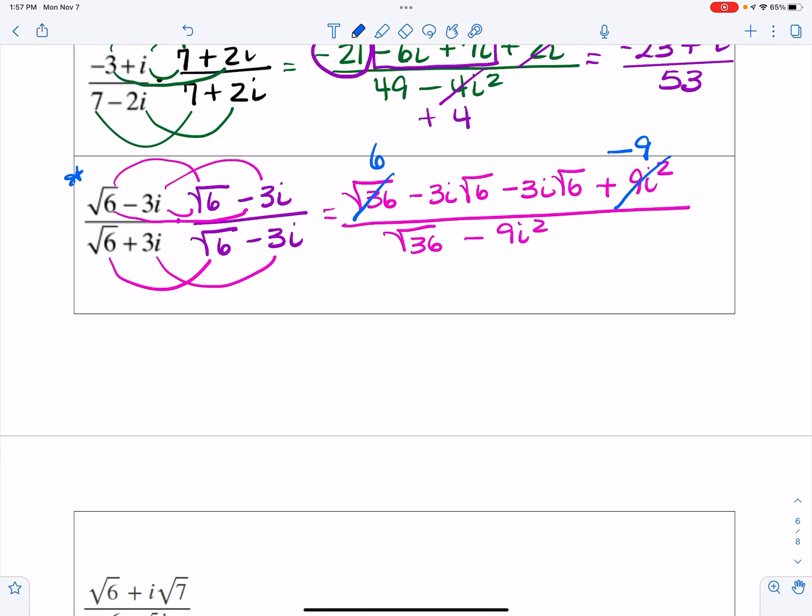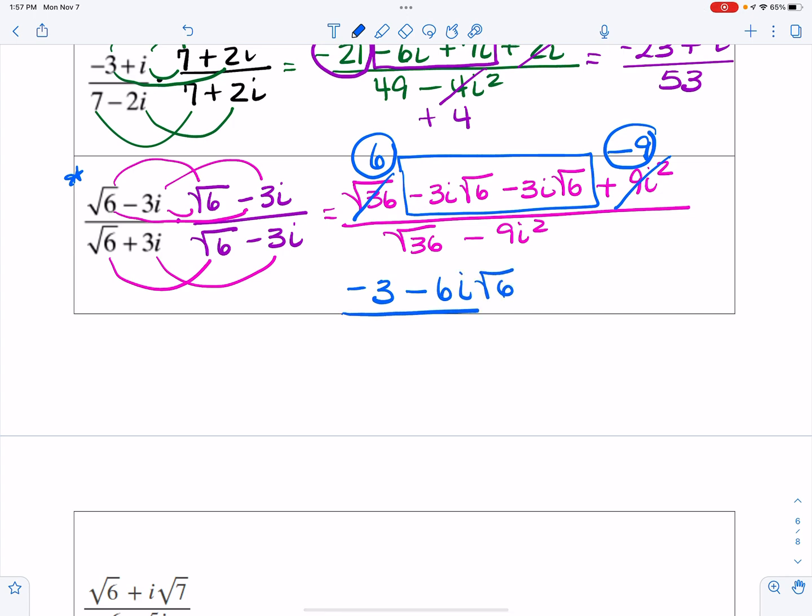So 6 minus 9, I'm going to circle these. 6 minus 9 is negative 3. Negative 3i radical 6 and negative 3i radical 6 makes negative 6i radical 6. And that's all over, this becomes 6, and this becomes positive 9. And 6 plus 9 makes 15.